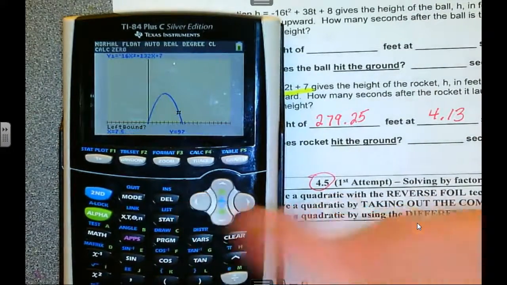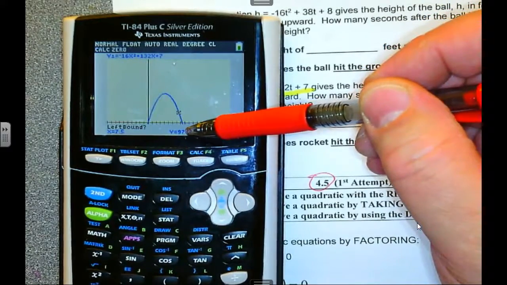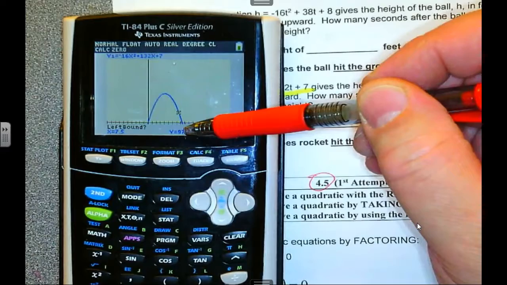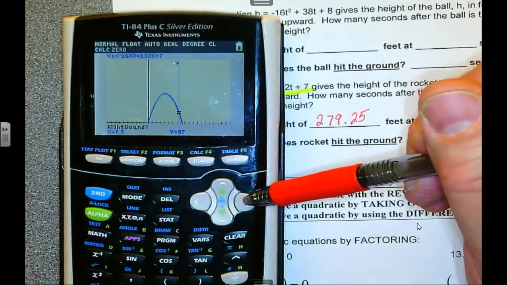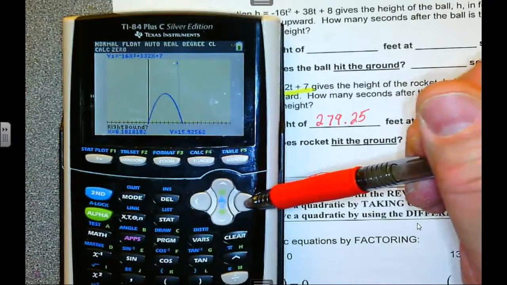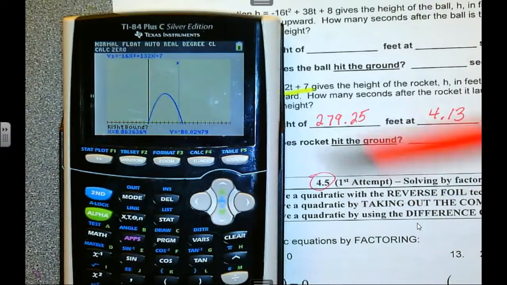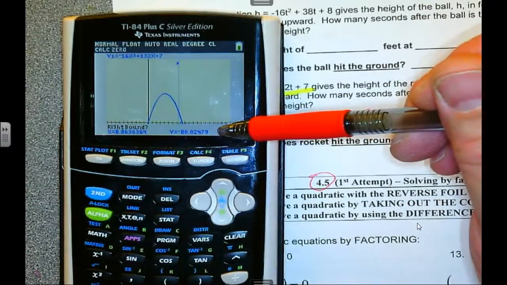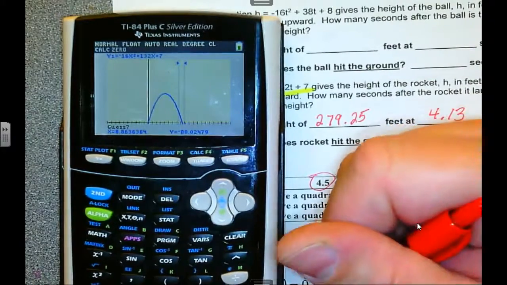Okay, make sure your y is positive for your left bound. What's your number right now for your y? Okay, hit enter. Okay, now use your right arrow key until your y is negative. Okay, what number you got? Okay, hit enter. And then hit enter again.